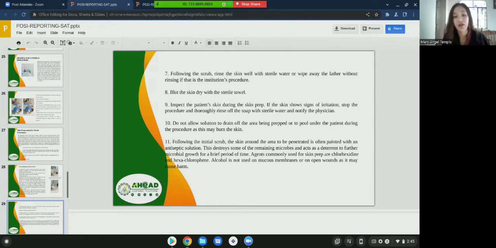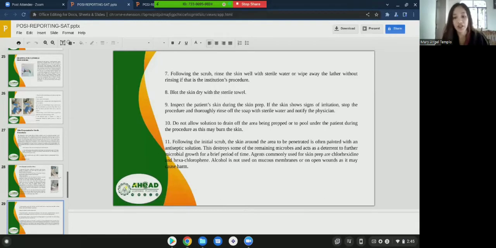11. Following the initial scrub, the skin around the area to be penetrated is often painted with an antiseptic solution. This destroys some of the remaining microbes and acts as a deterrent to further microbial growth for a brief period of time.